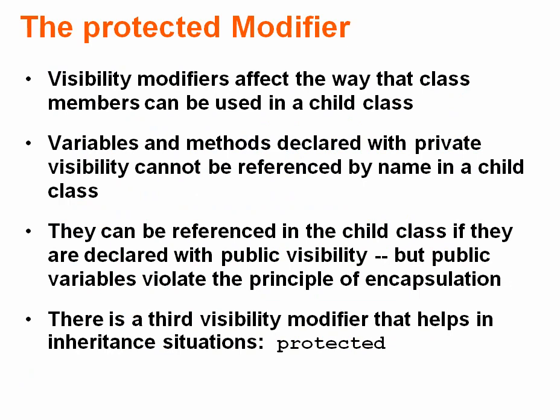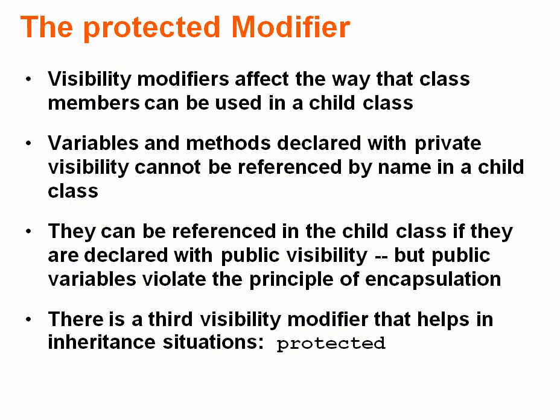Now, why do we use the protected modifier? Visibility modifiers affect the way that class members can be used in a child class. Variables and methods declared with private visibility cannot be referenced by name in a child class.